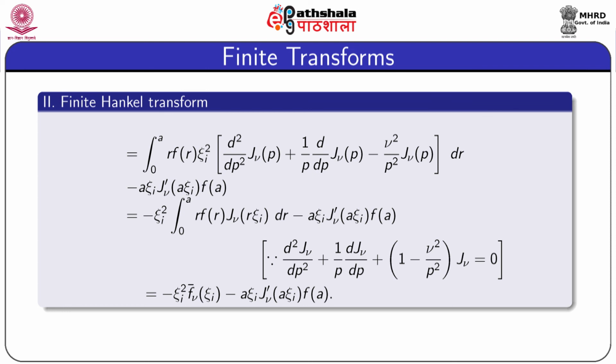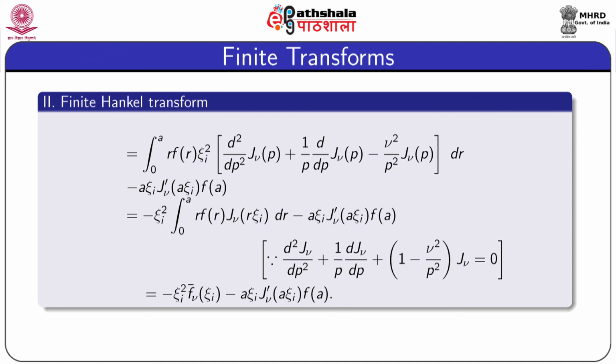Now, there is an objective to transform the variable r to the variable p, because you can see the term in the square bracket satisfies the Bessel equation. The Bessel equation is d2 dp square j nu plus 1 by p ddp of j nu plus 1 minus mu square by p square j nu equals to 0.